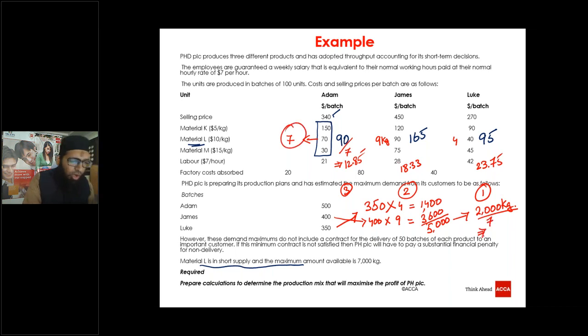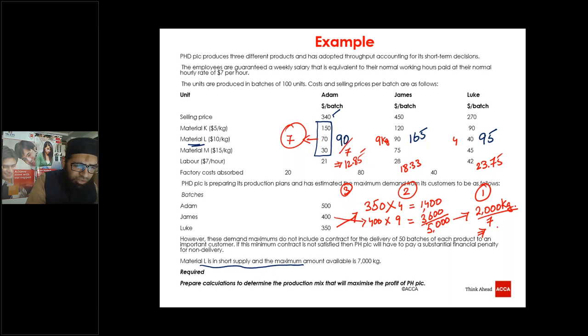That means how many units can I produce? 285.71.